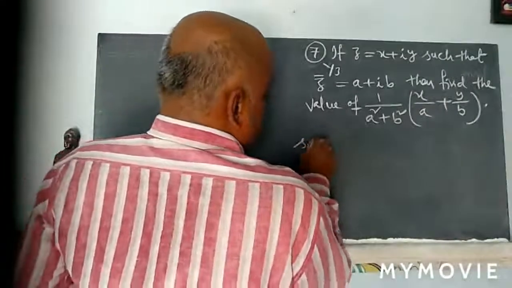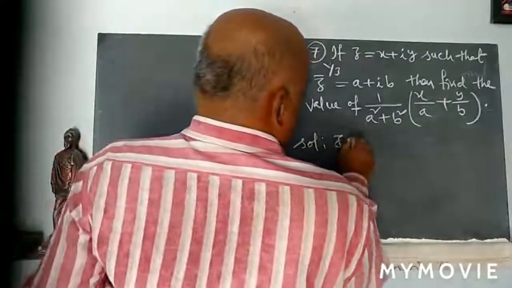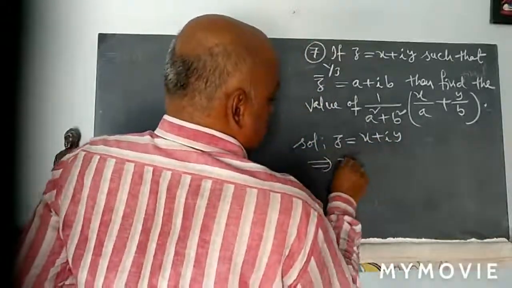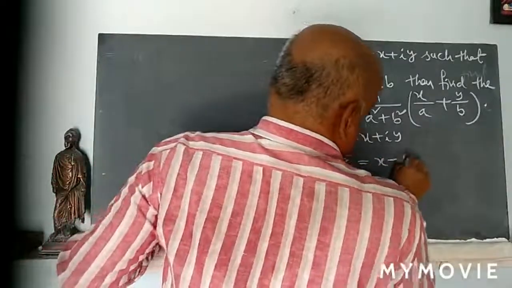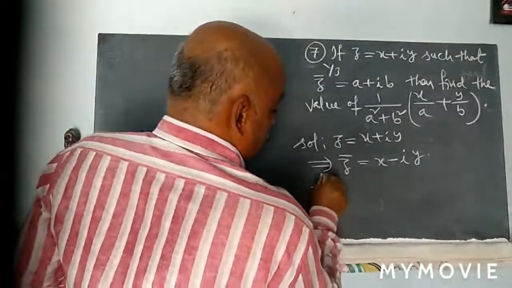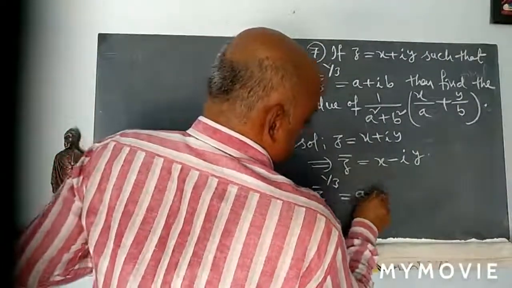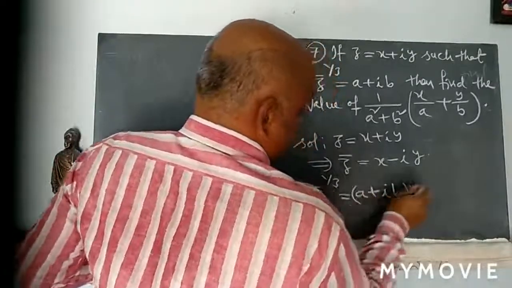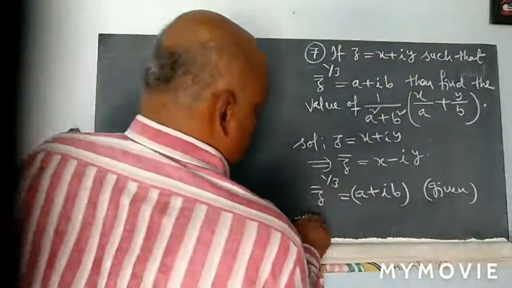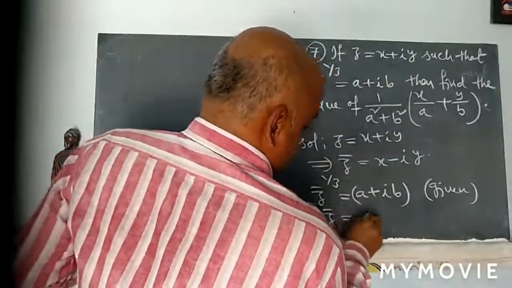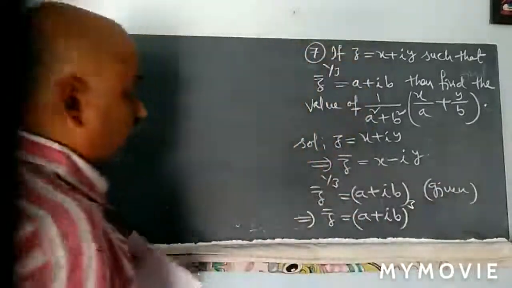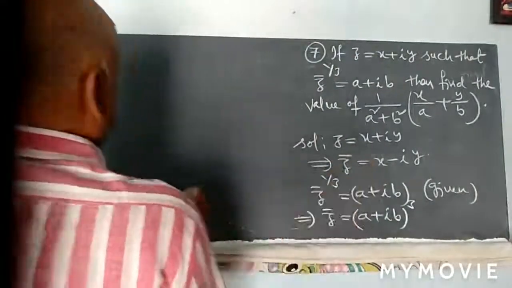Here is the solution. z is equal to x plus iy. This implies z bar is equal to x minus iy. (z bar) whole to the power of 1 by 3 is equal to a plus ib. This is given. This implies z bar is equal to (a plus ib) whole to the power of 3. z bar is x minus iy.